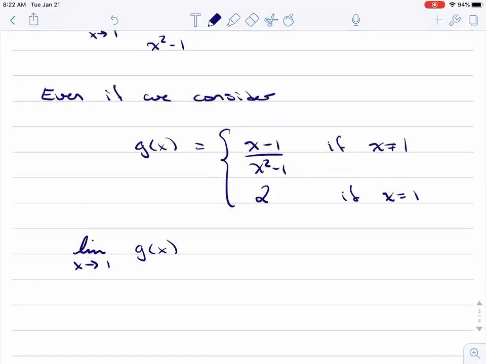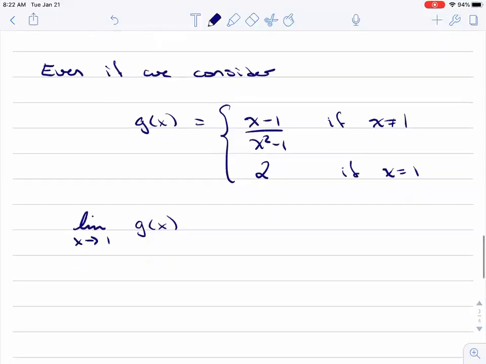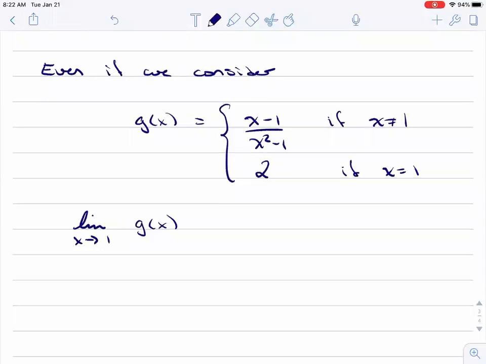But it's actually still 0.5, because that 2 is just a dropout hollow point, and then it keeps going with g of x. So we're not talking about what g of x is at x equals 1. We want to know the limit as x approaches 1 of g of x. And for all the other values, except at 1, g of x is x minus 1 over x squared minus 1.